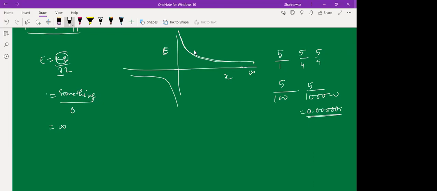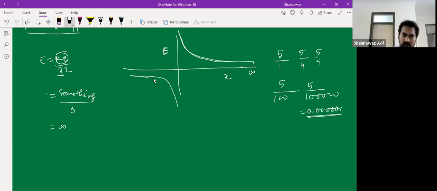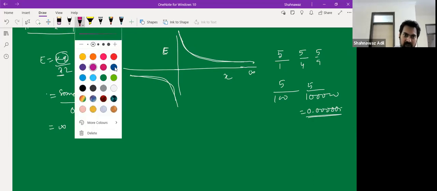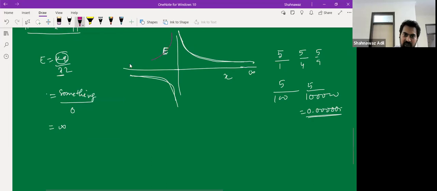Yes, sir. And what about this part? Whenever you put the x value to be negative, the square would be positive, so it should come this way, right? But when you measure from this negative direction, the electric field will be in which direction?